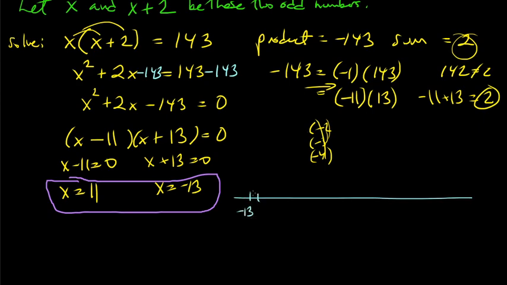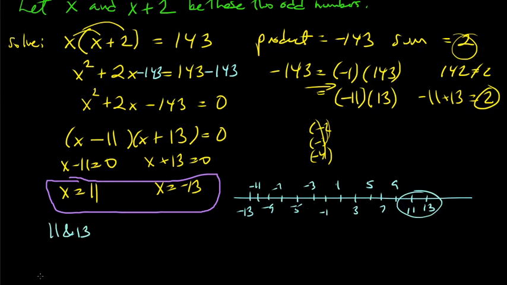The next number is negative 11, then negative 9, negative 7, negative 5, negative 3, negative 1, positive 1, positive 3, positive 5, positive 7, positive 9, positive 11, and then 13. So 11 and 13 are consecutive odd numbers, and negative 13 and negative 11 are also consecutive odd numbers.